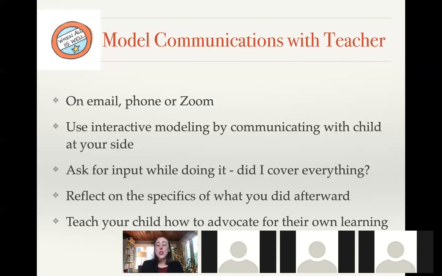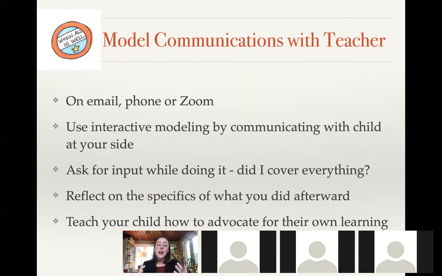And then our children don't know how to be advocates for their own learning. And it's hard enough when they're in person in school, but if they're remote, reaching out to their teacher can be very intimidating. Perhaps they're just learning their writing skills and don't feel confident with writing out an email.